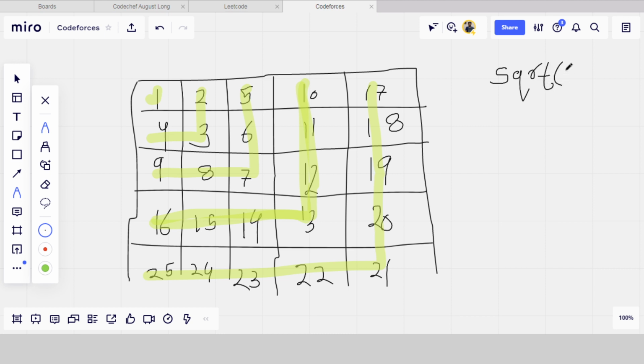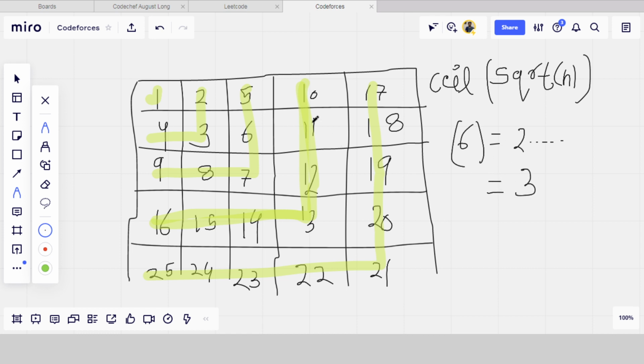Let's say the number given is n; we take the sqrt and then the ceil of the result. Take the example of 6. The sqrt of 6 is 2 point something, and the ceil of 2 point something is 3.